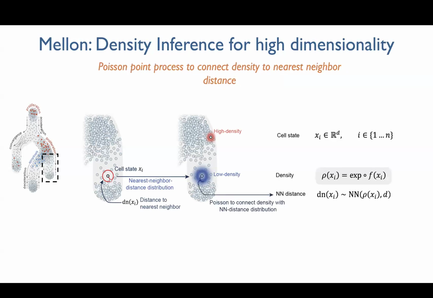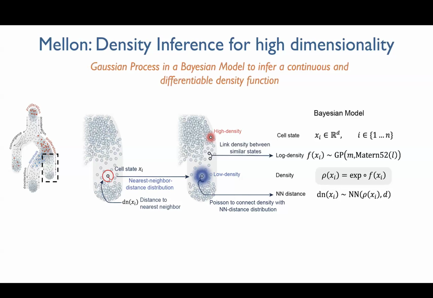And there's a nice way to connect this distance distribution to the density. You have the distance to the nearest neighbor, and the density is a function of that distance. And then we can start to share information across all of the neighboring cell states and compute something that is a continuous function.